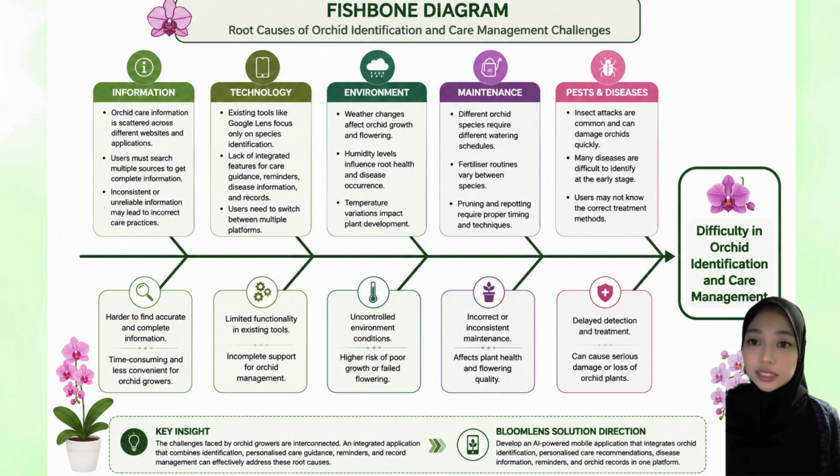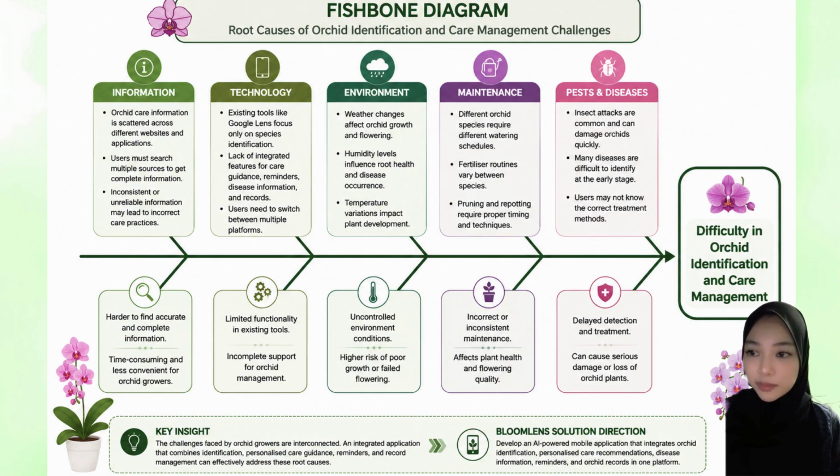As we can see, the major problem here is the difficulty in orchid identification and care management. In the fishbone diagram, there are several problem categories: information, technology, environment, maintenance, and pests and disease. The challenges faced by orchid growers are interconnected.